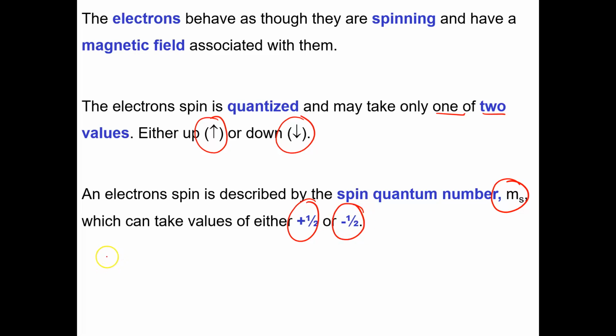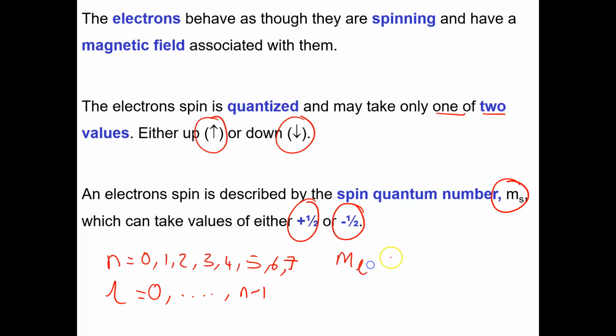So now our set of quantum numbers that we need for the Schrödinger equation is complete. We have n, the principal quantum number. We have L, the angular momentum quantum number. We have ml, the magnetic quantum number.